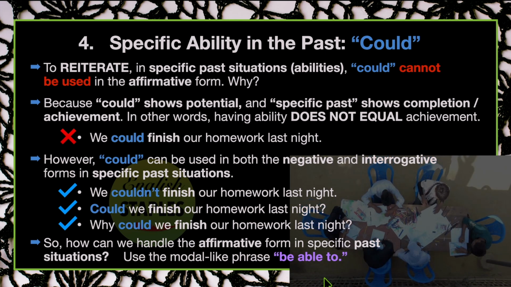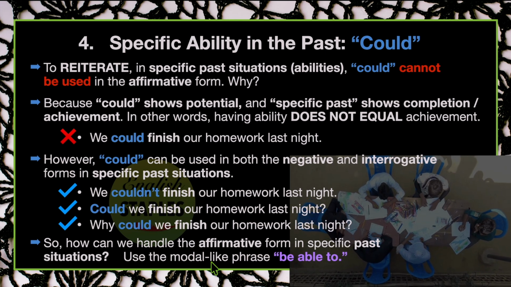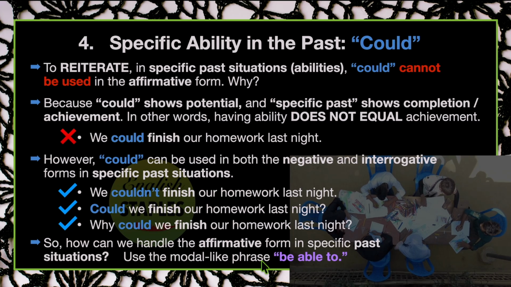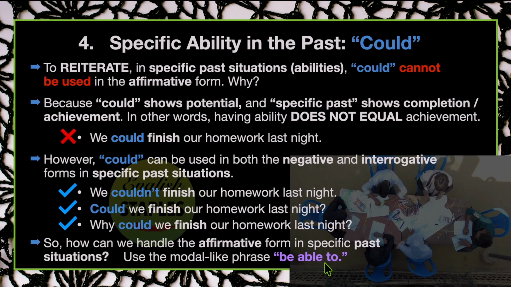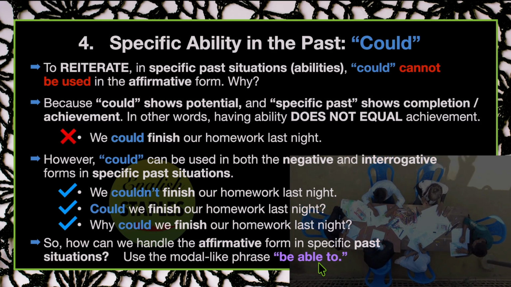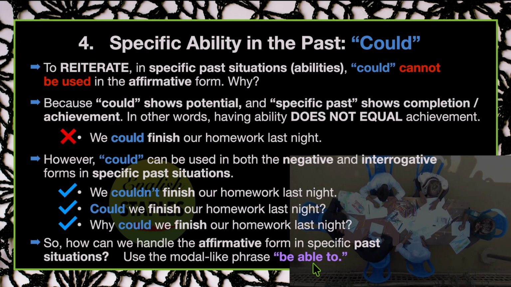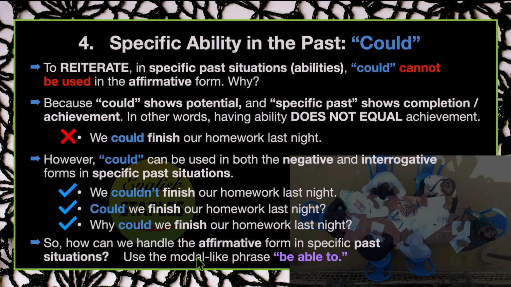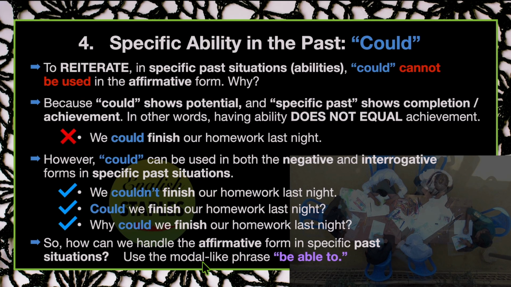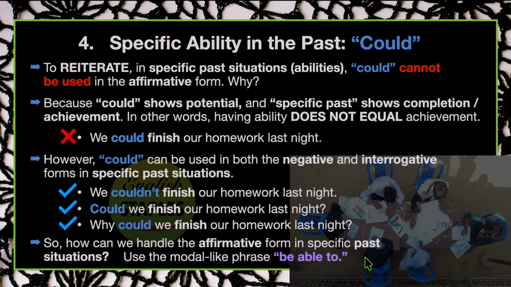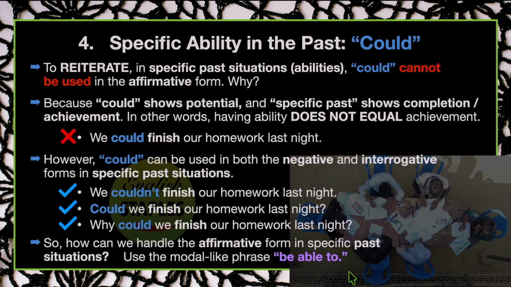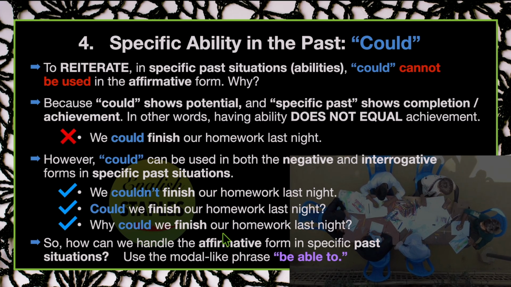That's the solution. Notice they say here modal like phrase because be able to is not a modal. It's similar, it acts like a modal, it behaves just like a modal, but it's not a modal. That's the reason why it's called modal like phrase. So here are the children doing their homework.